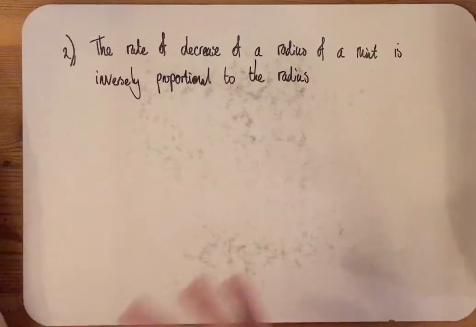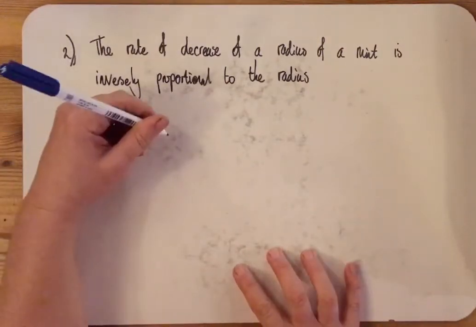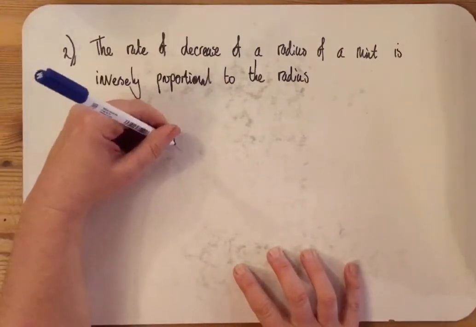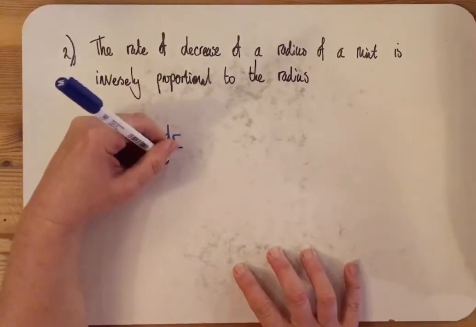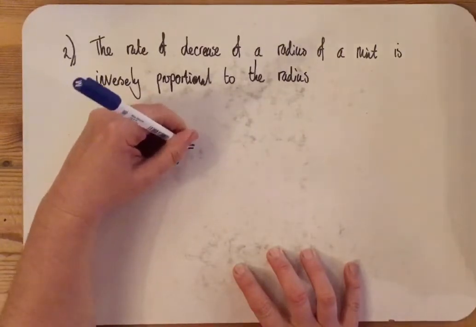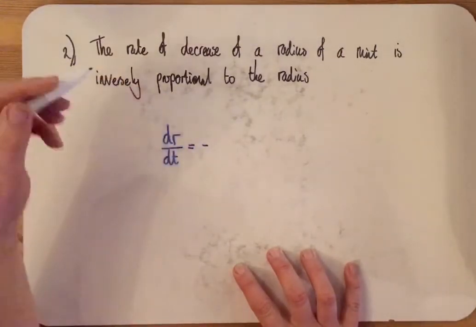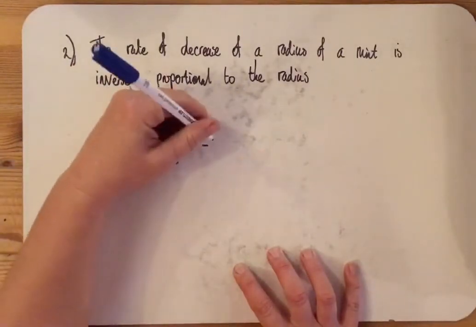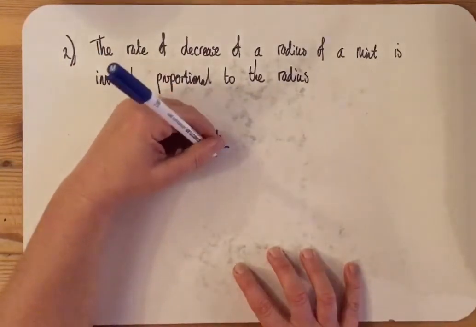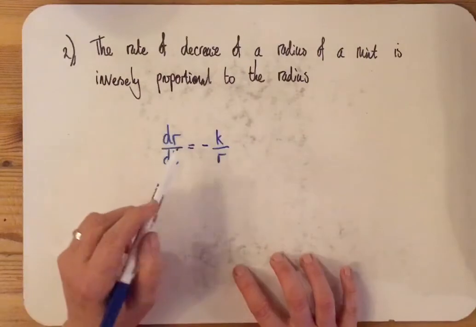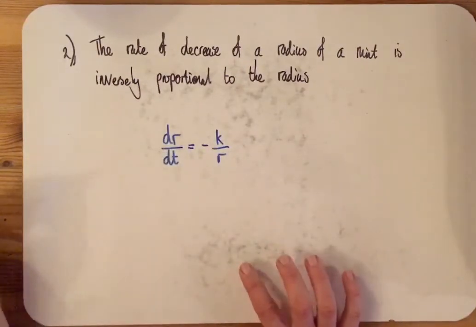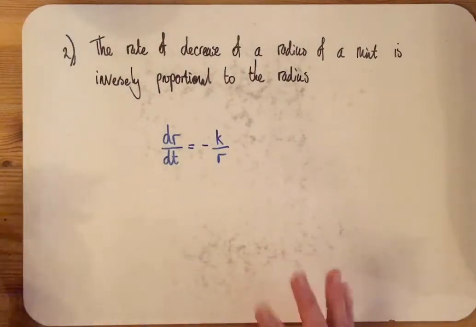So it's just turning that into maths. It's a rate of decrease of the radius of the mint. It's decreasing, so it's minus, and it's inversely proportional to the radius, so minus k over r for that one.